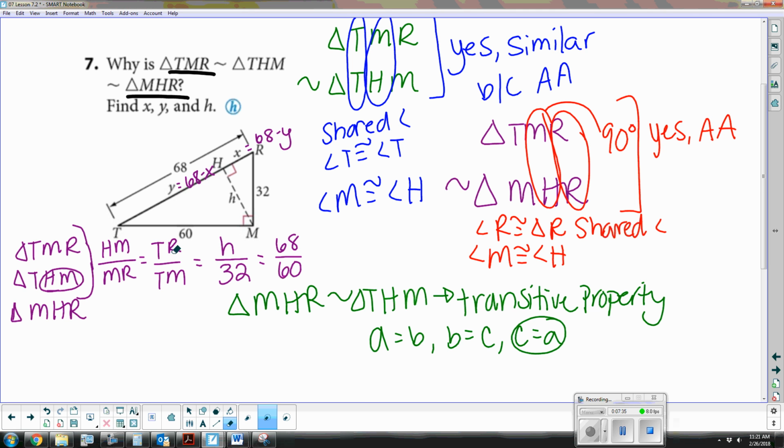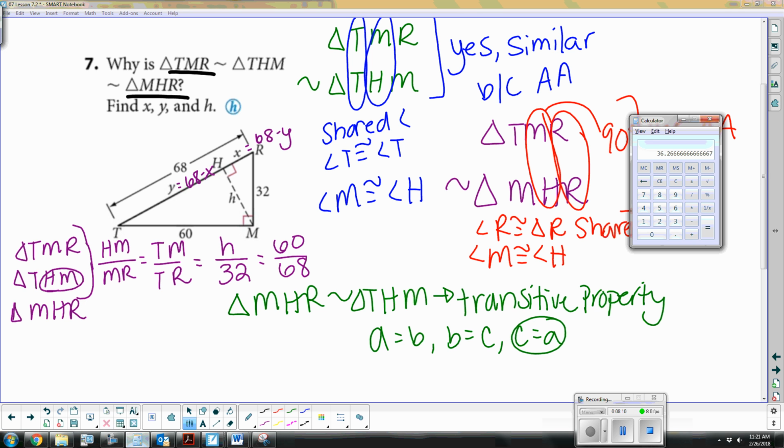Actually, I have these two switched. So HM over MR is equal to TM over TR. So then in my last ratio, it should be TM, which is 60, over TR, which is 68.